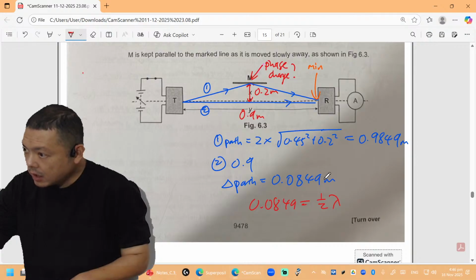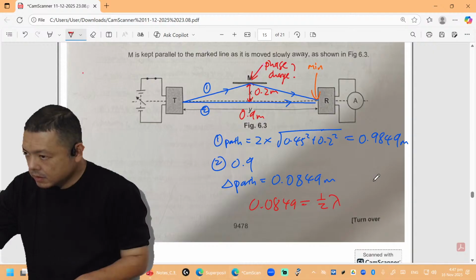Plus what? No, question is, do you want phase change or not?